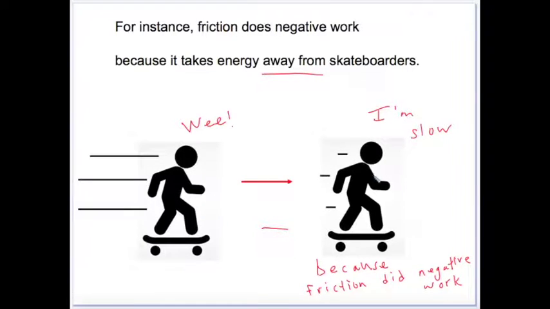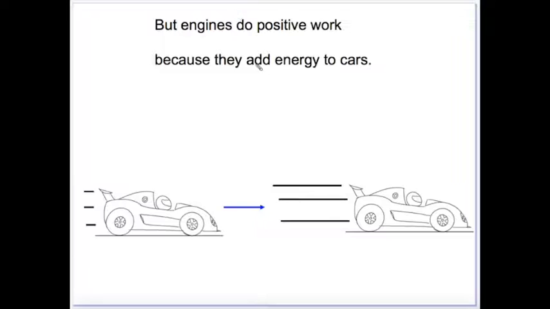He was fast, he slowed down, he had less mechanical energy at the end because there was friction that did negative work. On the other hand, engines do positive work because they add energy to cars. So you have the car going kind of slow, and then the car is racing on by, and that's because the motor added energy. So it did positive work.